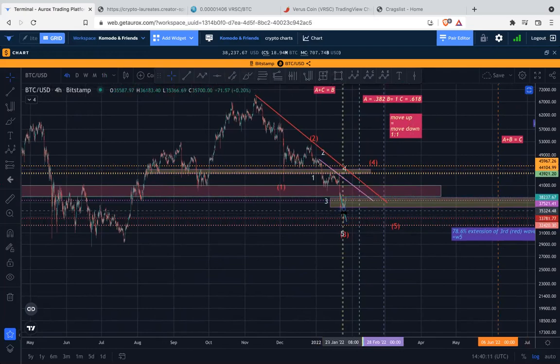It has actually surpassed this 78.6% down to an 88.6% level.